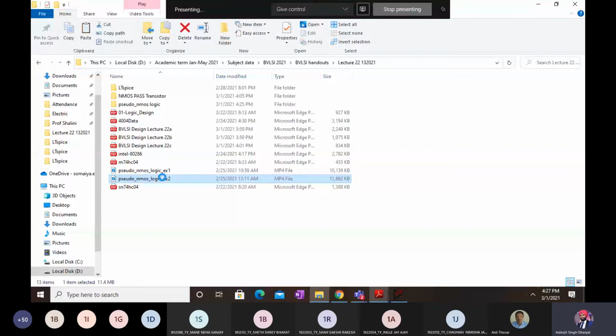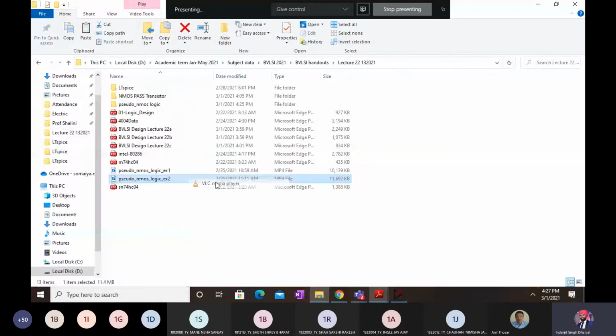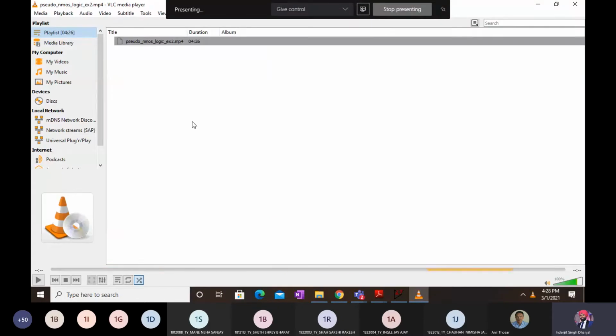Kindly keep your books ready and draw it along with the explanation. It's taking a second or two and then we will begin. Yeah, here it is. So be ready with your books and do the design.